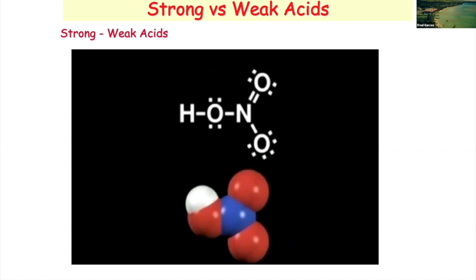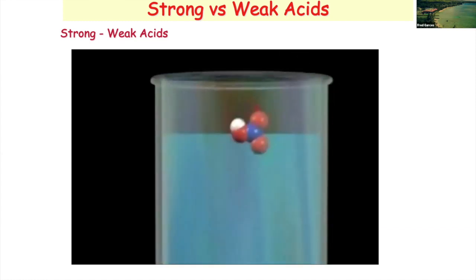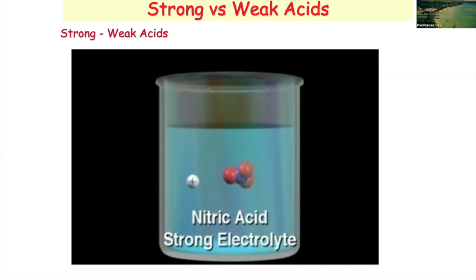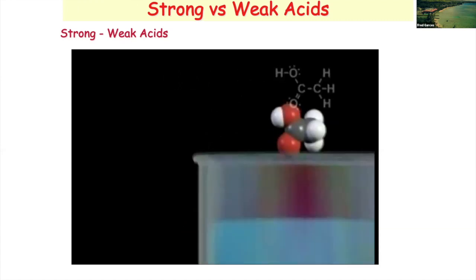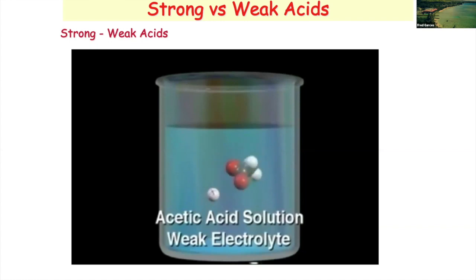Nitric acid is another common strong acid. Upon dissolving in water, nitric acid completely ionizes to form an acidic solution. Like hydrogen chloride, nitric acid is a strong electrolyte. Acetic acid is the major ingredient of vinegar. When acetic acid is added to water, it is not completely ionized. It is therefore termed a weak electrolyte or weak acid.